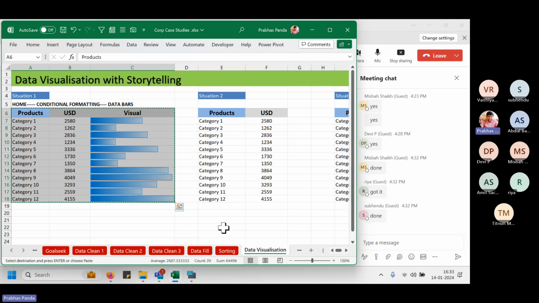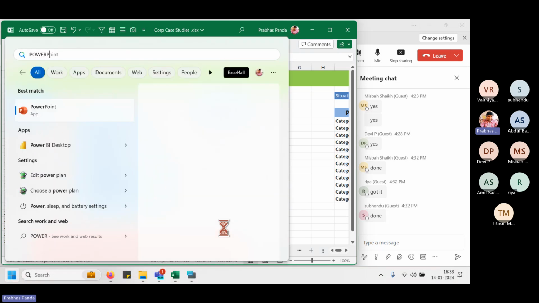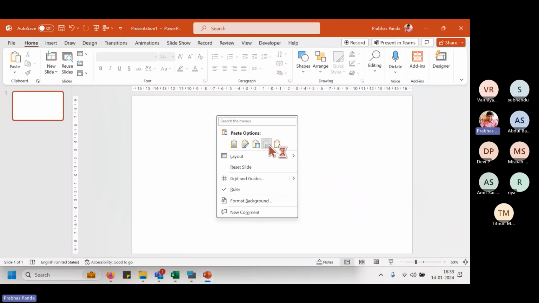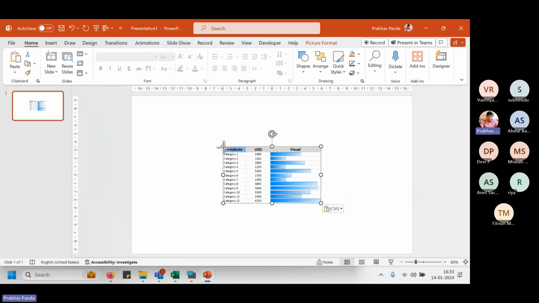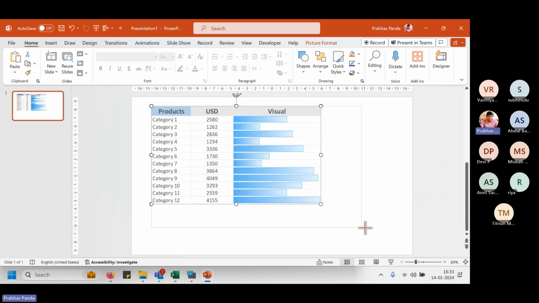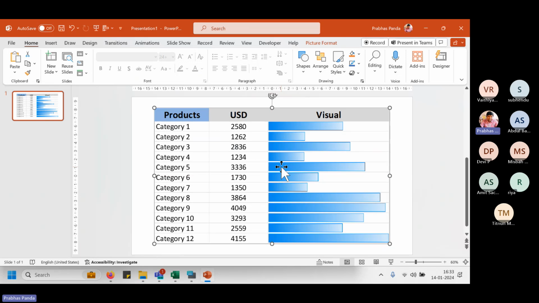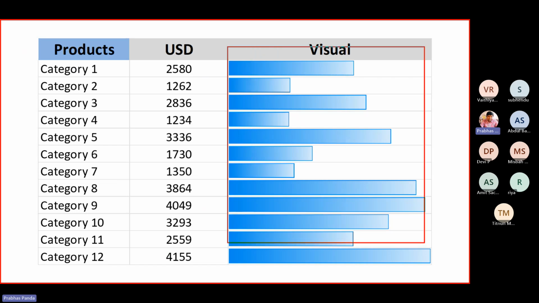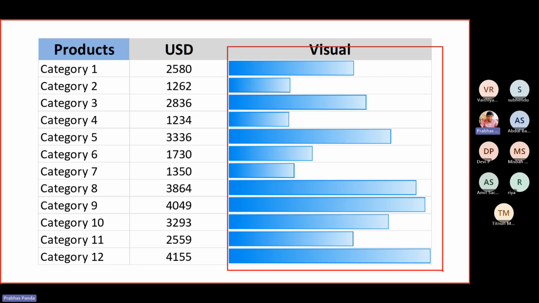You don't need to struggle much. After copying, you can simply right click and paste it as an image. You can drag this image diagonally to whatever extent you want. When you present it, it gives a neat and clean look, more or less what is called an infographic presentation.